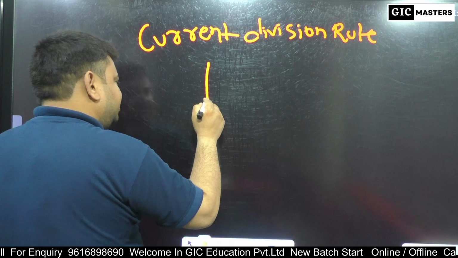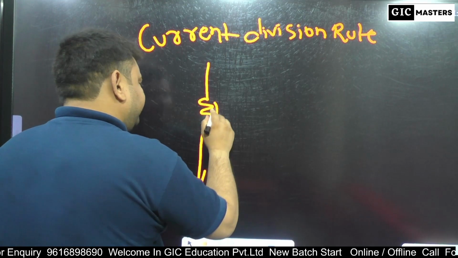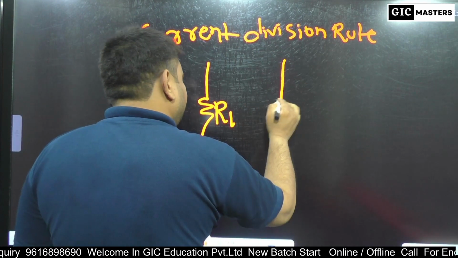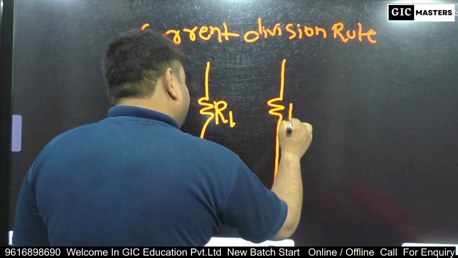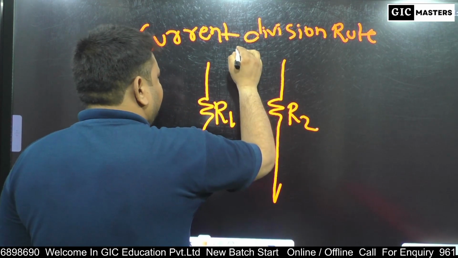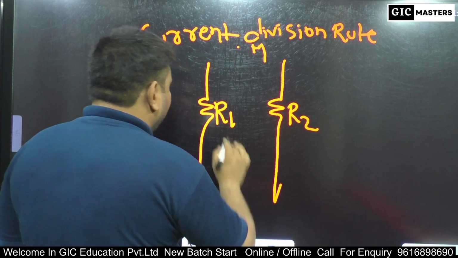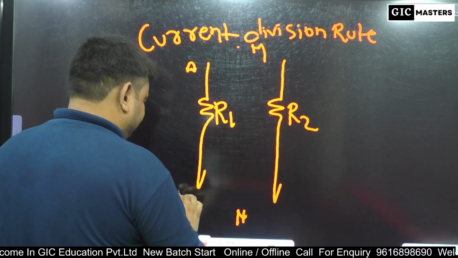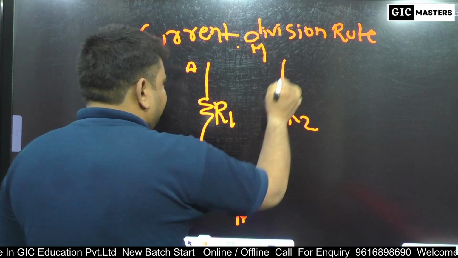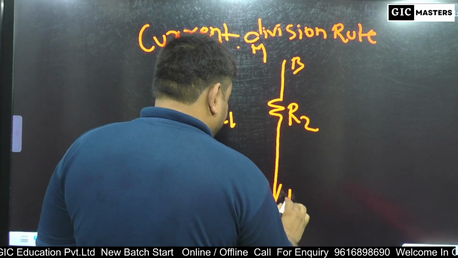Suppose two resistors R1 and R2, two nodes M and N, with terminals A and A dash for R1, B and B dash for R2.